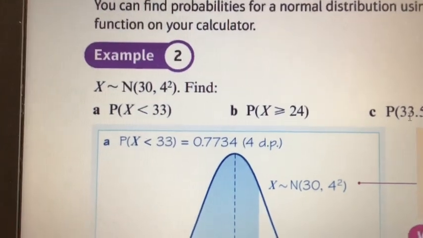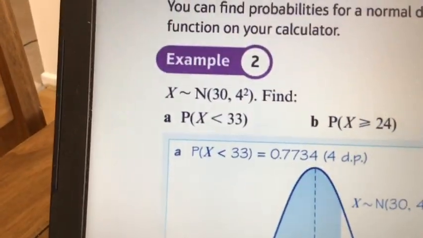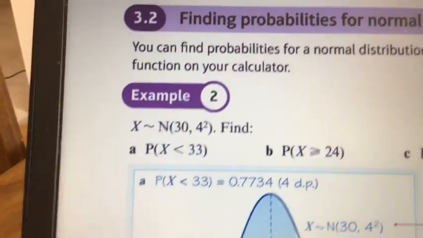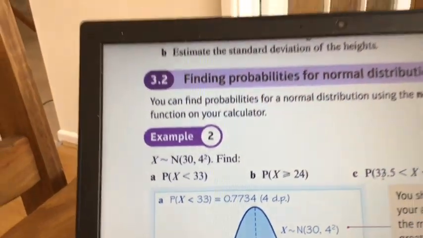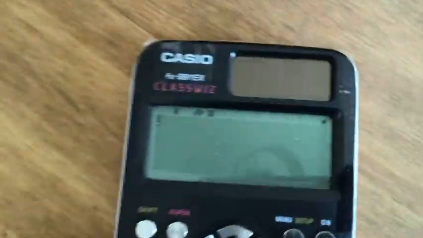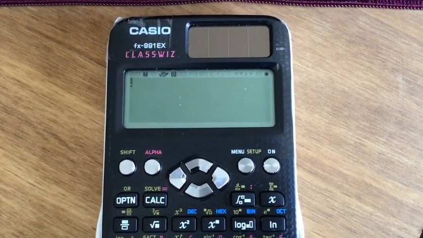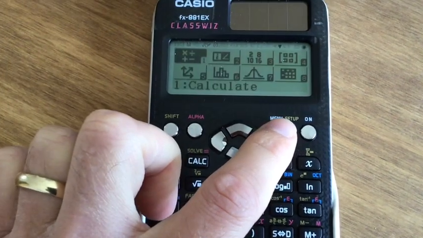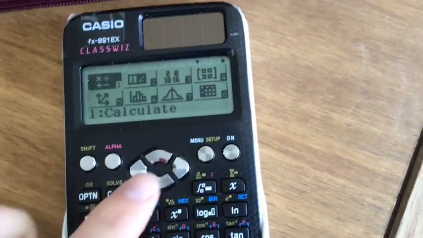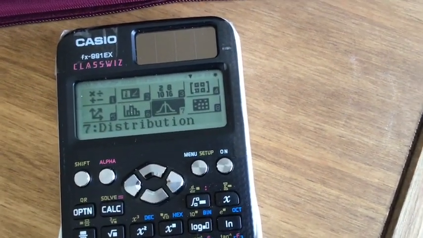So the first question we wanted to answer was the probability that x is less than 33. So what we have to do on our calculators, sorry if you don't have the ClassWiz, but I think most of you have the ClassWiz. So we need to go menu and distribution.